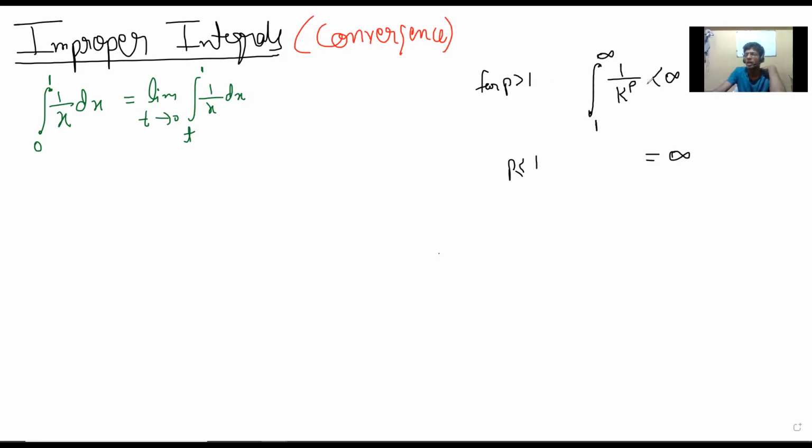So, can you do the proof of this? It's easy to guess this, but how do you prove this?